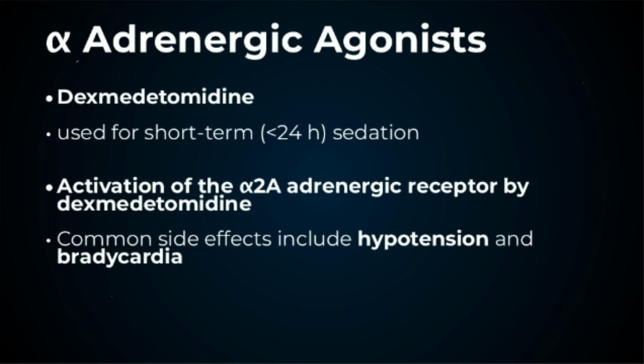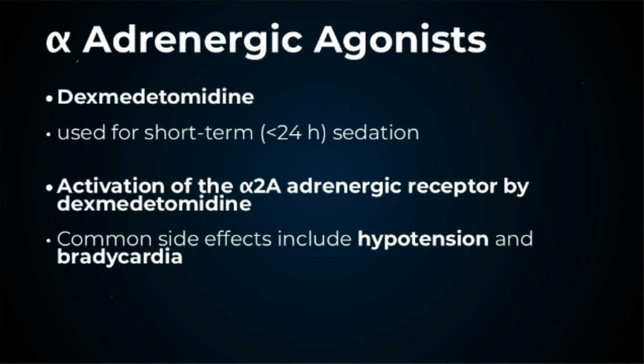Another type of drugs used as adjuncts are alpha adrenergic agonists. We only have one example, dexmedetomidine. This is used for short-term sedation of critically ill adults and for sedation prior to and during surgical or other medical procedures in patients who are not intubated.